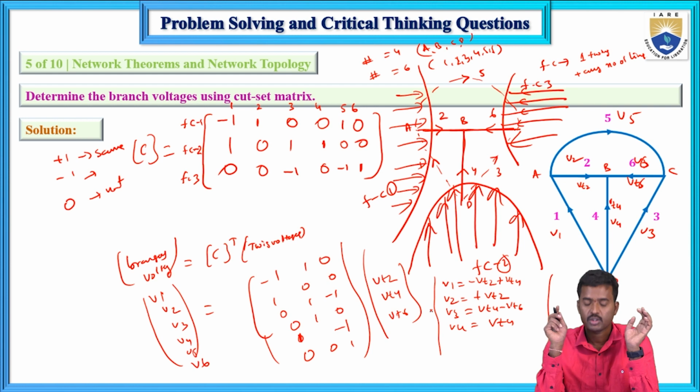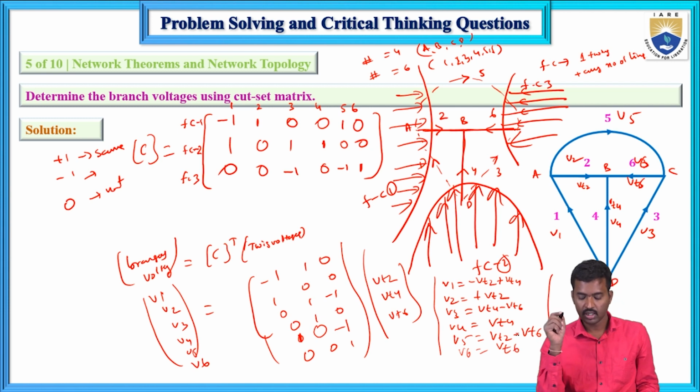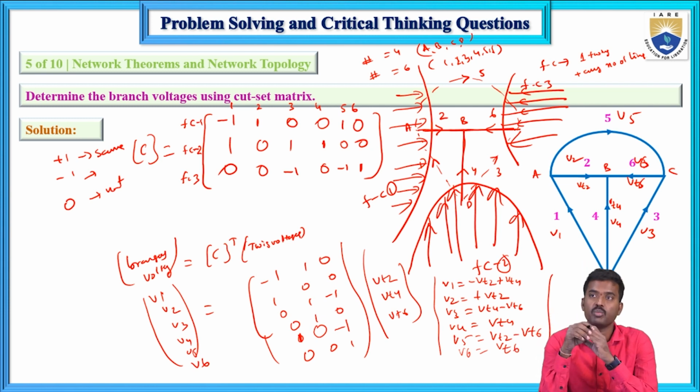Just multiply this transpose of the cut set matrix. Next V5 equals VT2 minus VT6, and next V6 equals VT6. So these are the branch voltages in terms of the twig voltages.